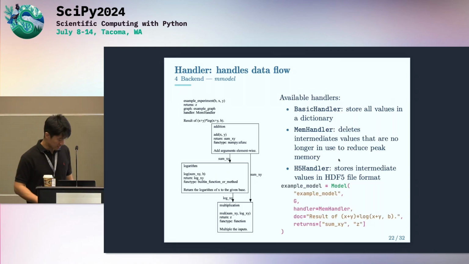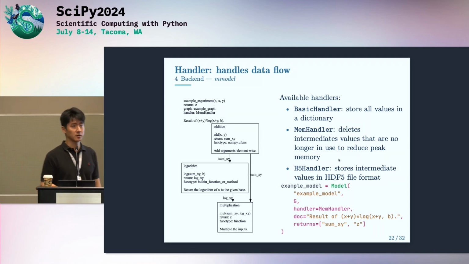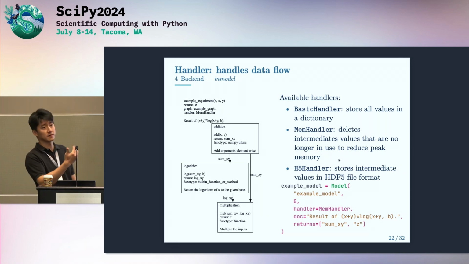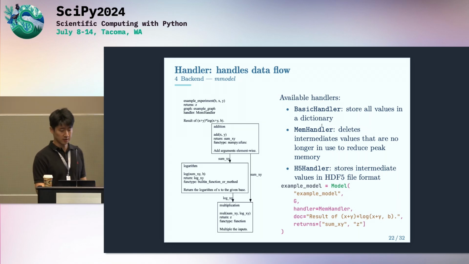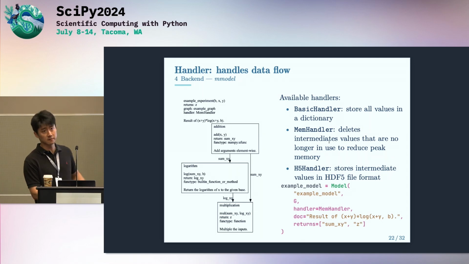So this is lightweight. The other thing is we have this object called a handler that handles data flow, and we can use different handlers. The idea is it gives us flexibility in the future to do different ways to calculate and handle the data. For example, one way to reduce peak memory usage is to delete values that are no longer being used in later nodes.